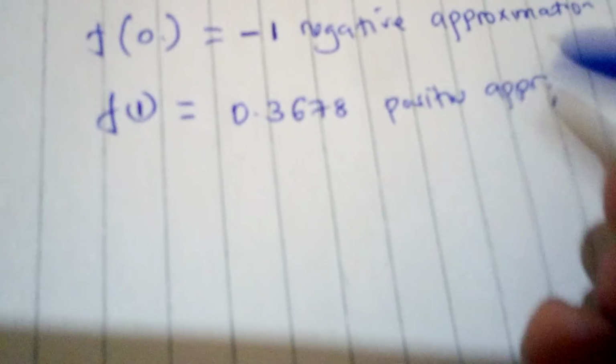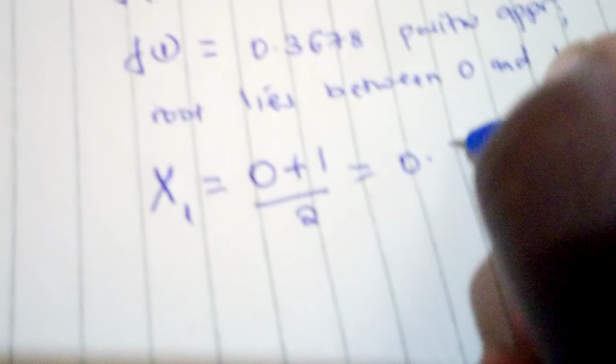Then, having found the two, our root lies between 0 and 1. Finding our first approximation, which is x1, we have 0 plus 1 divided by 2, which is equals to 0.5.